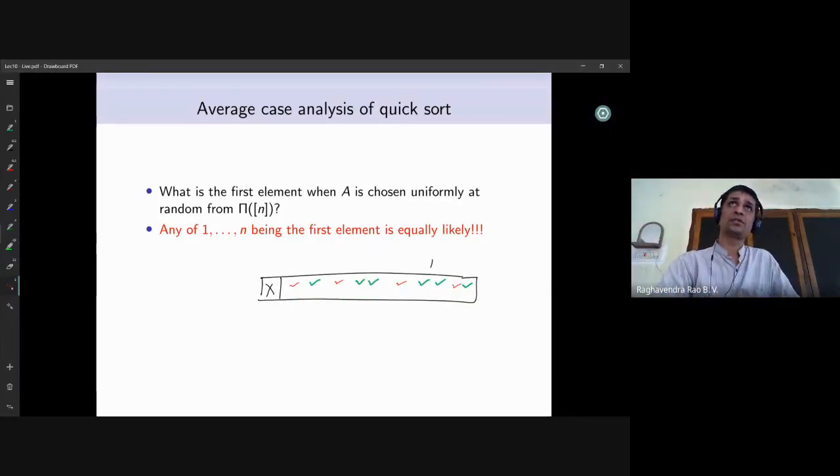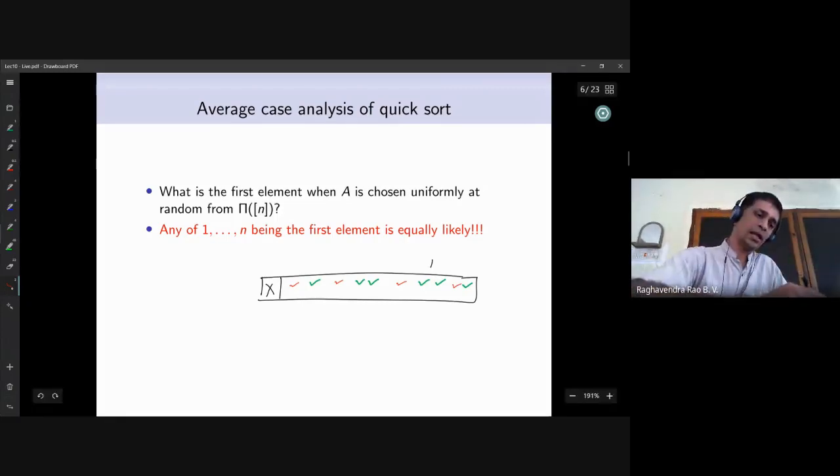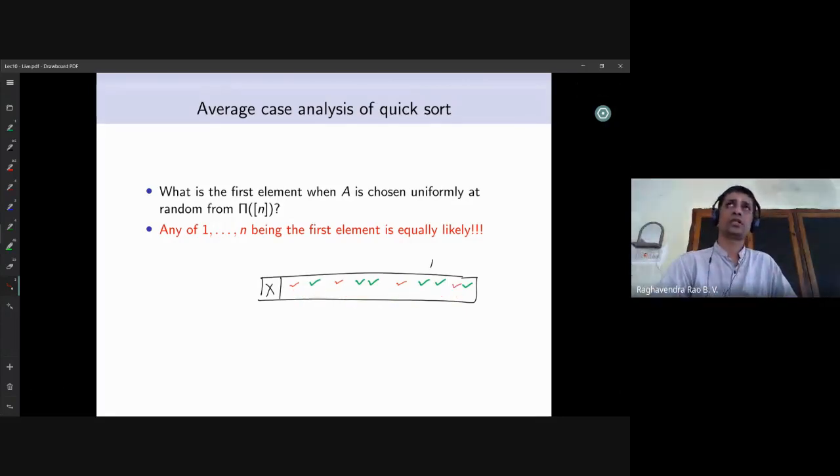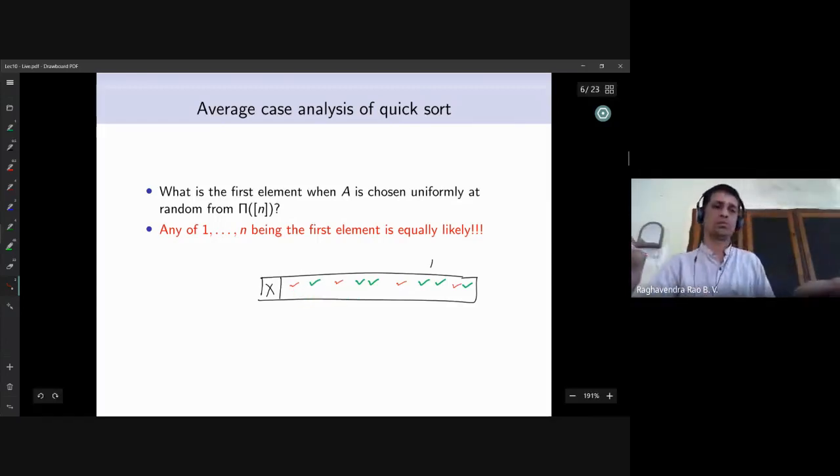The elements are fixed, but their relative position is not fixed. It is random. So if I scan the array from left to right and look at their order, say this is 3, this is 7, this is 6, this is 4, and 8 is the pivot, let's say, then this permutation is random. That is all we are saying. It's the same as their relative ordering in the original permutation.